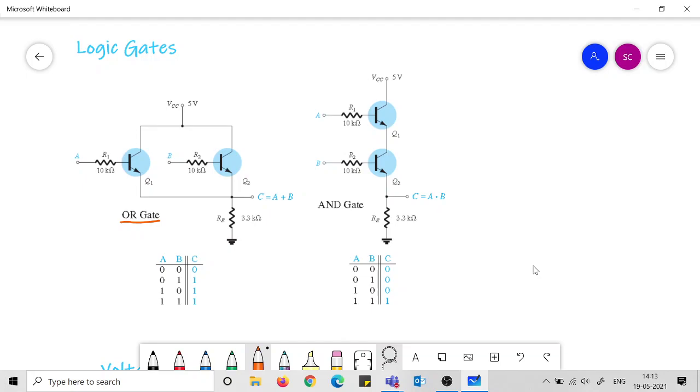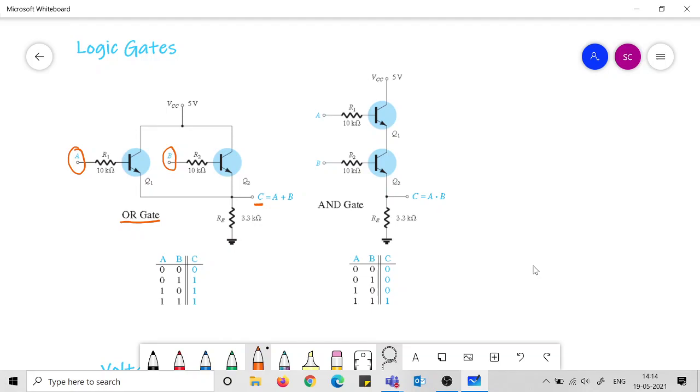In this particular circuit, there are two inputs, A and B, and there is one output C which we are collecting from this point. Okay. So what we have to investigate is whether this output is high or low depending on whether the inputs are high or low.